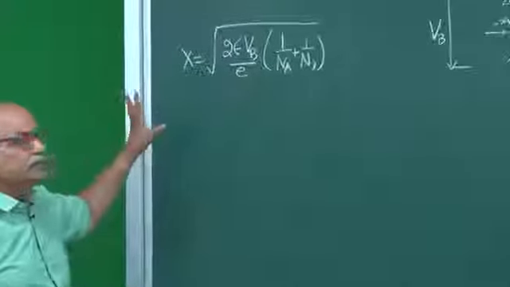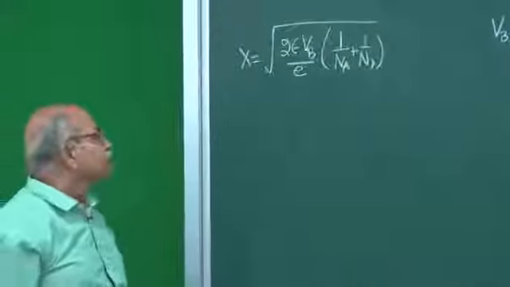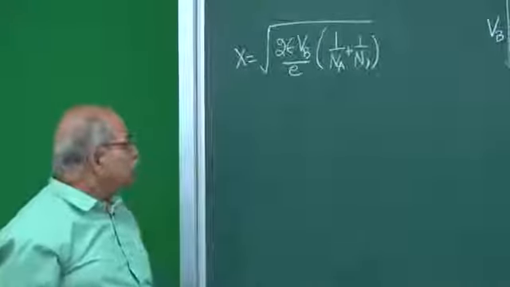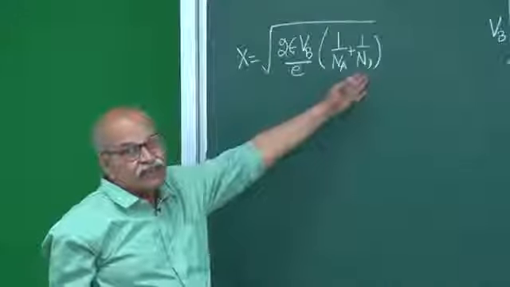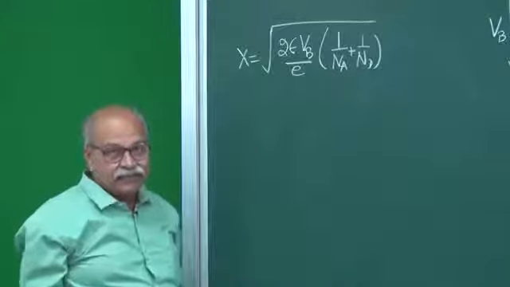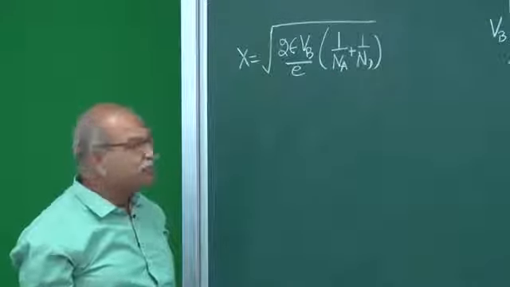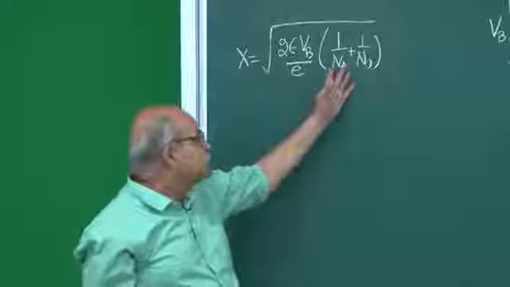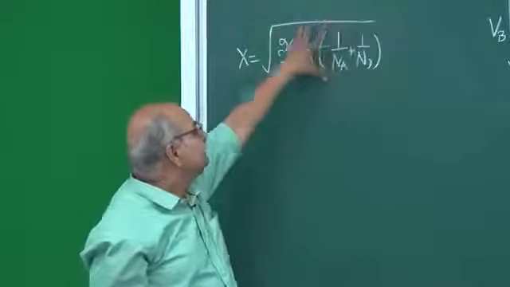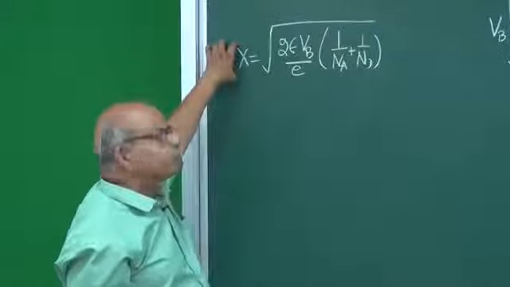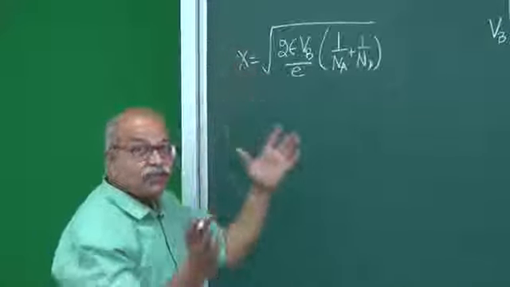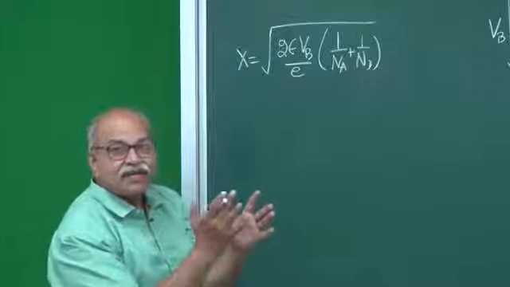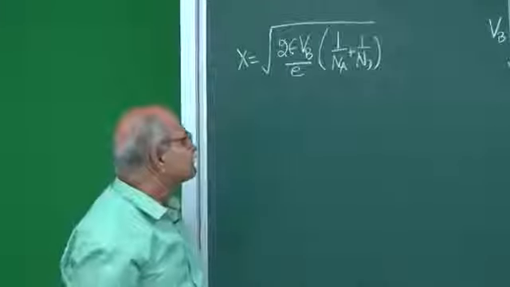So that's the relation. So if you increase this concentration, what will happen? If you increase Na or Nd or both, this increases, so this whole thing decreases and this decreases, right? So heavier is the doping, smaller will be the depletion layer, and vice versa.